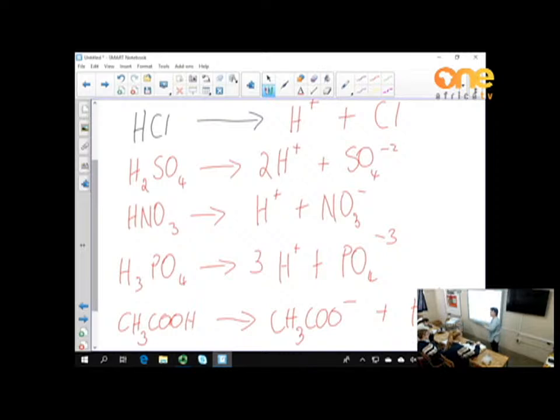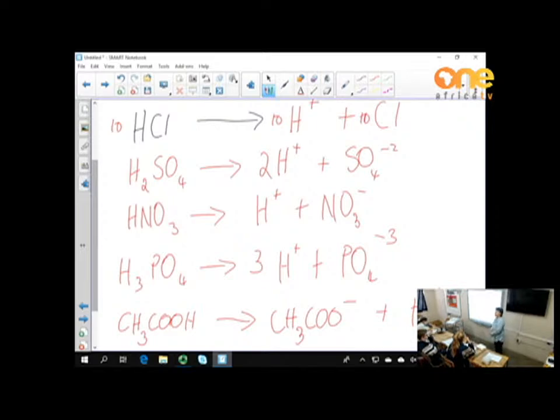Okay? Strong acids ionize completely, which means if I have 10 molecules of this stuff, it's going to break up and form 10 protons and 10 chloride ions. It ionizes completely. Vinegar is a weak acid.